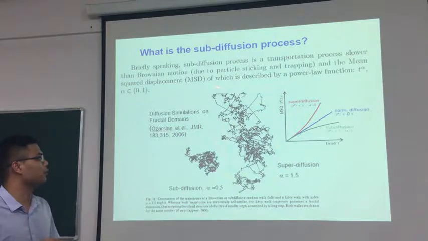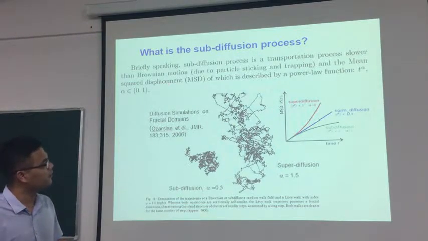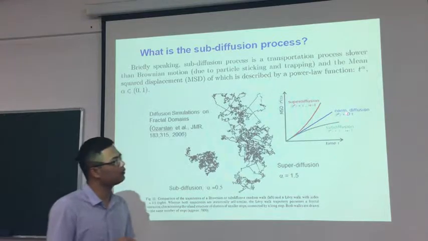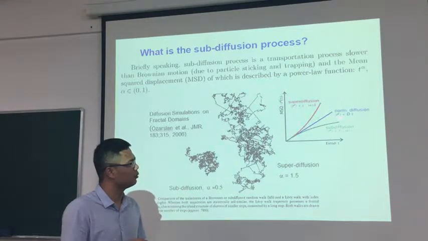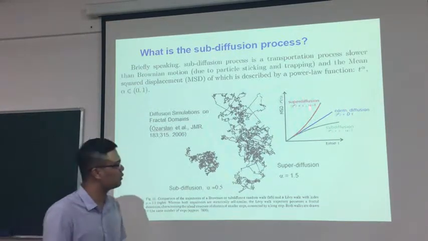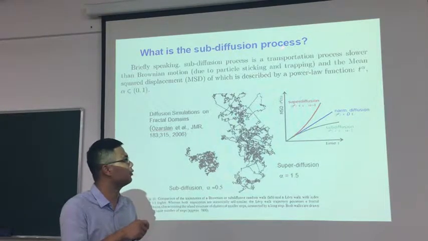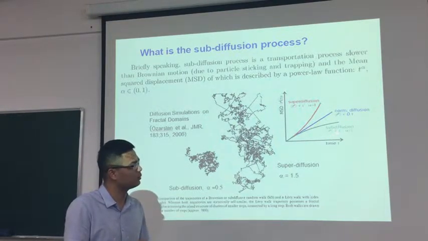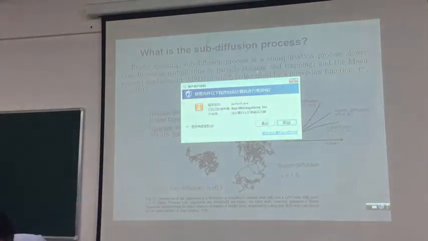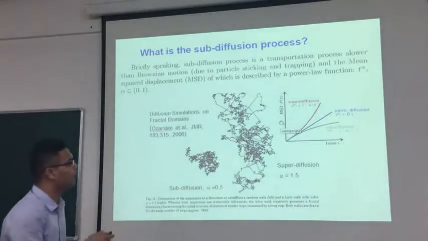For those subdiffusion processes, the MSD, which is short for mean squared displacement, is not a linear function of the time t, like the normal diffusion process. The MSD of the subdiffusion process is a power law function.